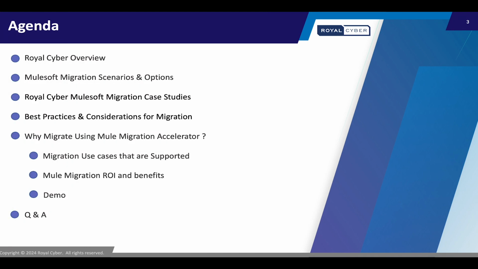Now, let's have a look at the agenda for today. We'll go through the introduction of the organization and get an overview of Royal Cyber. We'll see different scenarios and options for migration. We'll review and discuss what sort of use cases there are for migration. We'll talk about best practices and considerations within that division.